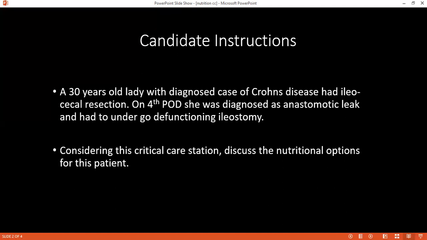Due to overfeeding, there may be hyperglycemia, hyperammonemia, hyperlipidemia, and fluid overload.